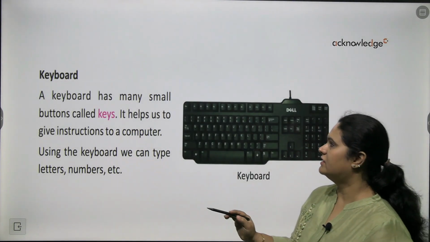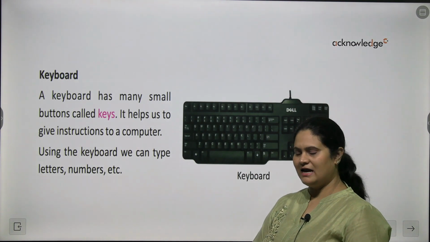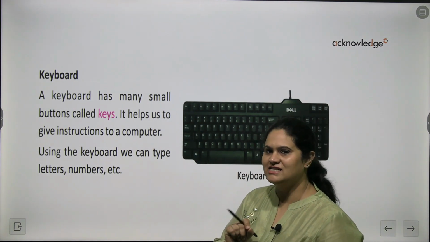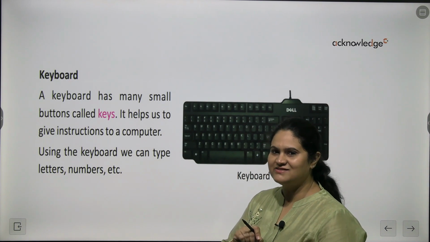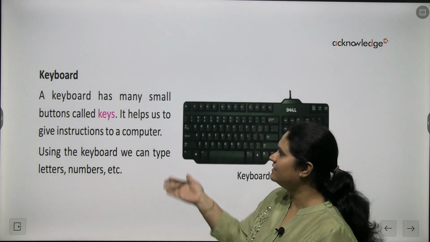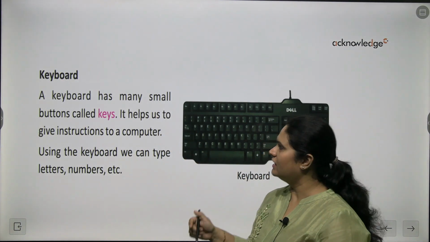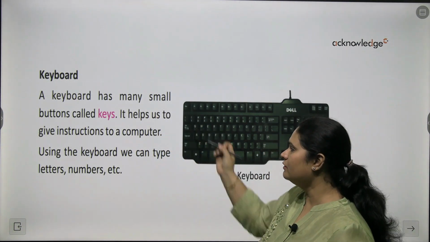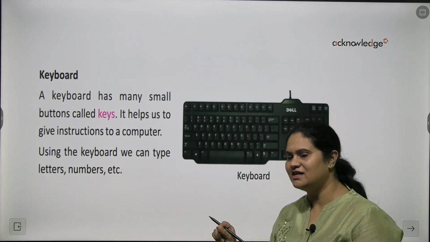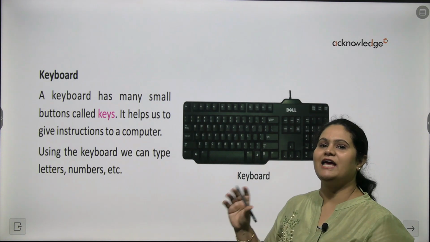Next we have a keyboard, right? Just like children, you use your pencil to write in your notebooks. You must have something to write on the computer, and for that comes a keyboard. A keyboard is used to write on the computer, and when you write on the computer, it is called typing.